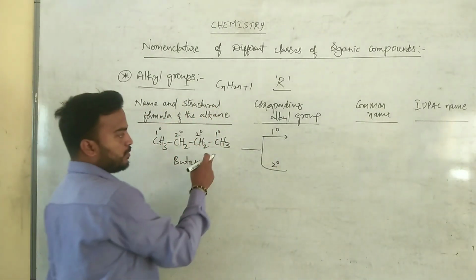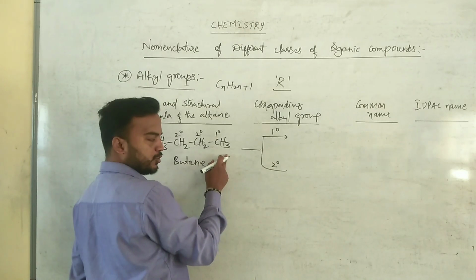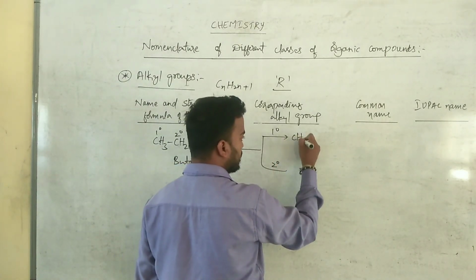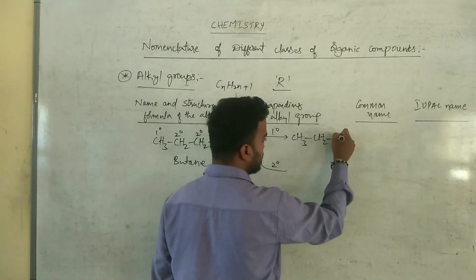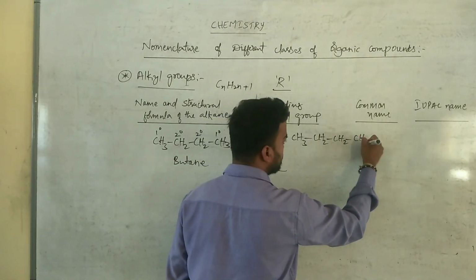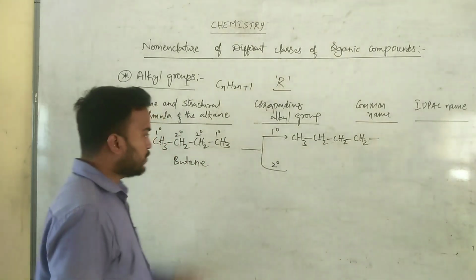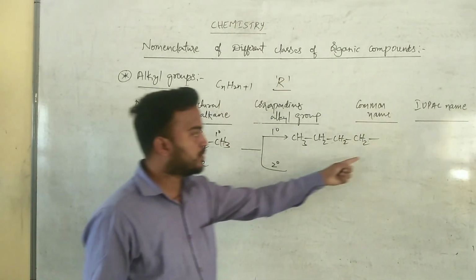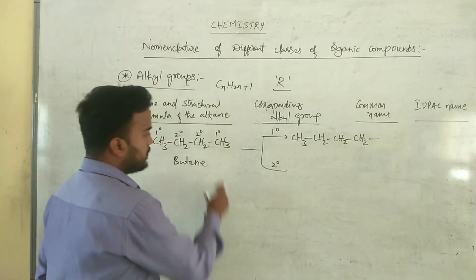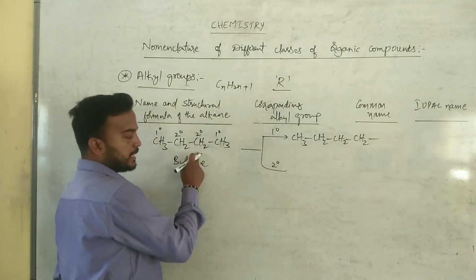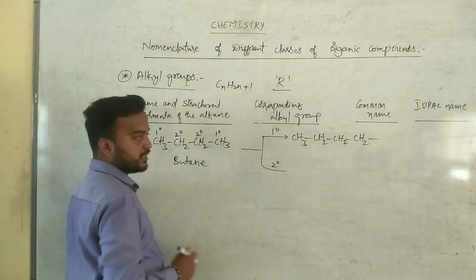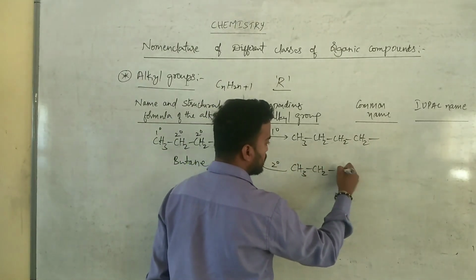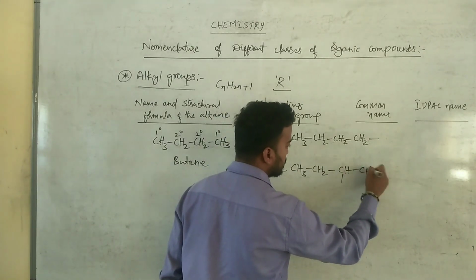So in the first case, CH3 has to become CH2: CH3, CH2, CH2, CH2. I remove one hydrogen from this primary carbon atom, so CH3 will become CH2. Next, in the second case we remove a secondary hydrogen: CH3, CH, CH2, CH3.